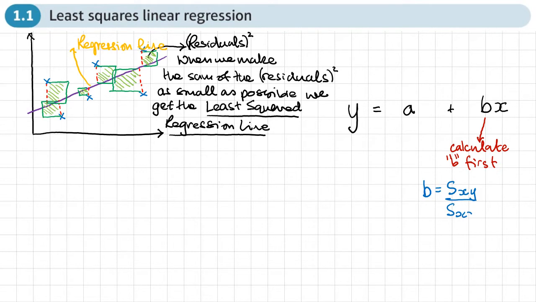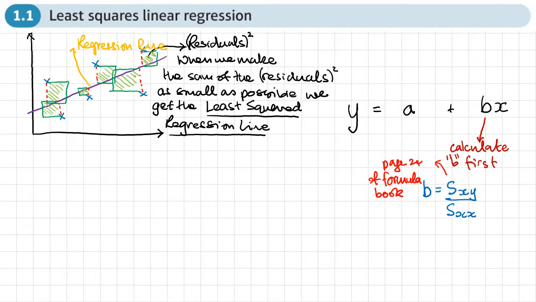Now don't worry, I'm going to show you how to work out this Sxy and Sxx. They're also in the formula book, and you'll find them on page 24. So page 24 of the formula book. Now these are what we call summary statistics. We're summarizing a longer calculation by just using shorthand, basically.